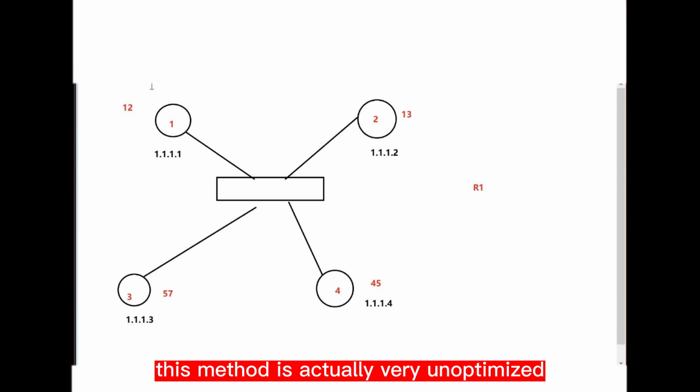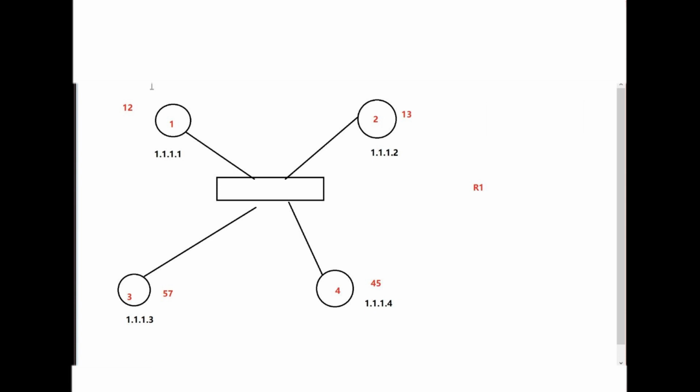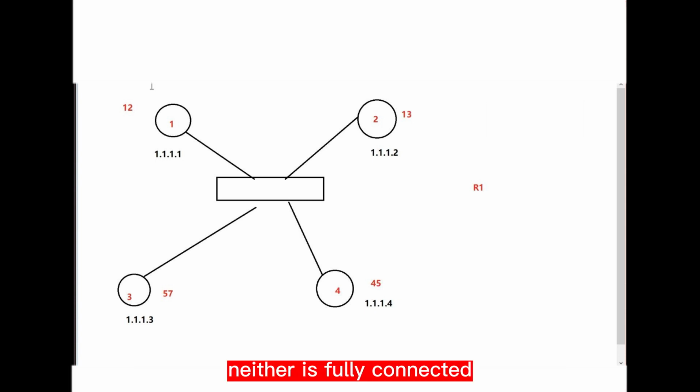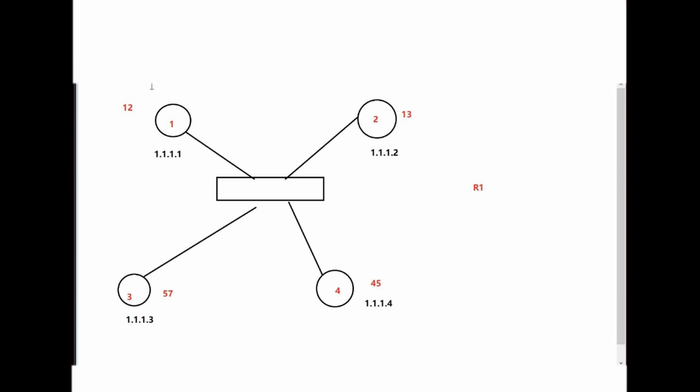This method is actually very unoptimized. You will learn a lot of scenarios in the future. It is fully connected. A total of 6: R1 and R2, R1 and R3, R1 and R4, R2 and R3, R2 and R4, R3 and R4 adjacencies.